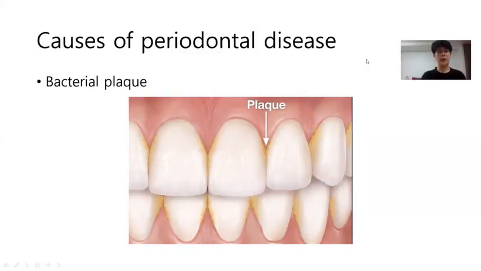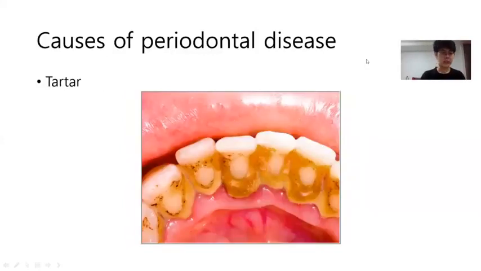The second cause of this disease is tartar. In Korean, it's 치석. Tartar is a dental attachment that occurs when plaque remains in the mouth for a long time and calcifies as a hard stone.